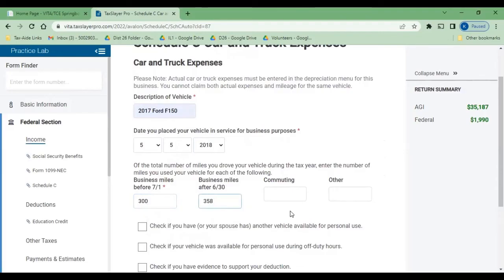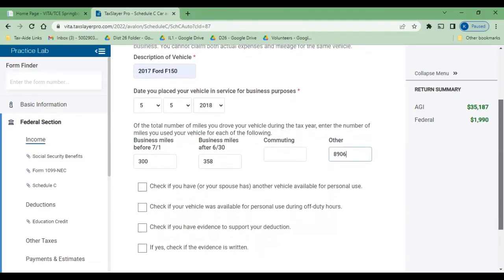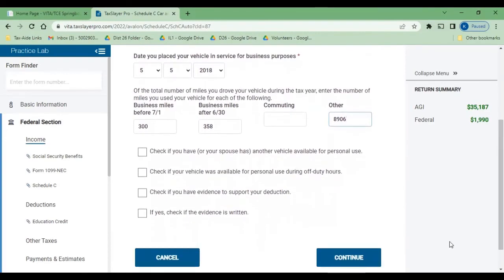Subtracting his business miles from the total miles he told us he has for the year, we can see his non-business miles are 8,906. And TaxSlayer will use the standard mileage rate to compute his business expense for his mileage.